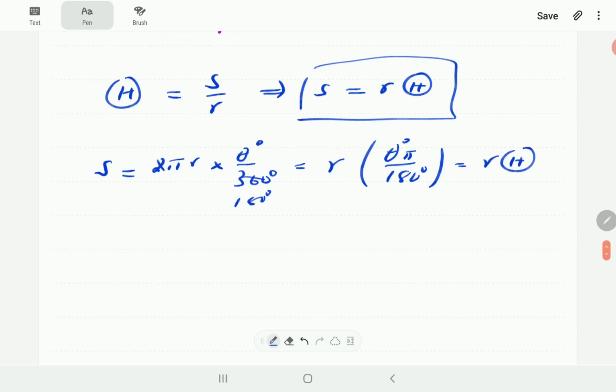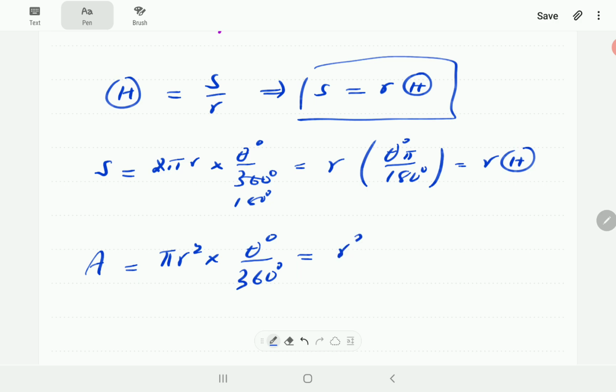Okay, so that shows us that the formula for arc length in radians is going to be much simpler. Then the same thing, the formula for the sector in terms of degrees is going to be pi r squared times that fraction theta over 360. So if we move this pi to this side, so I want to multiply this by pi and divide by 180, like we did in that step there.